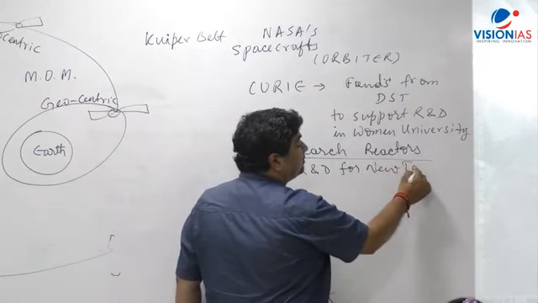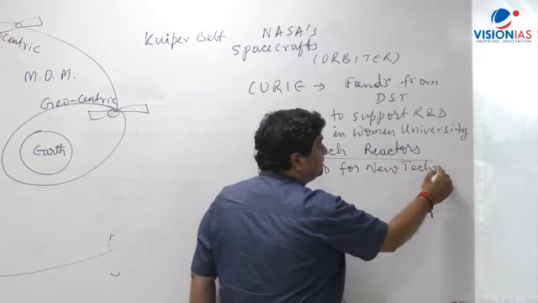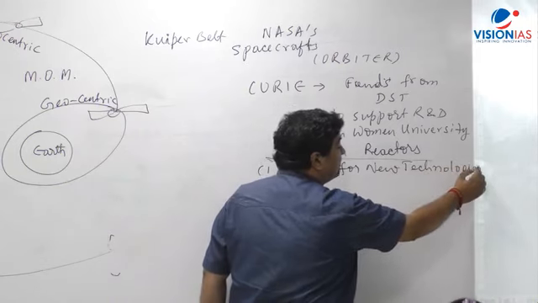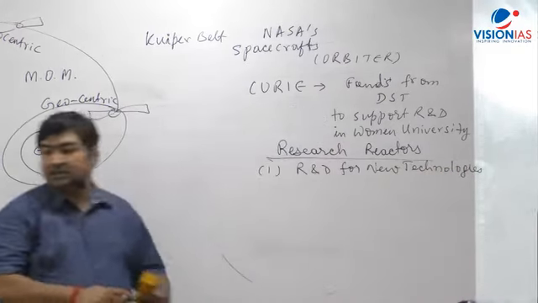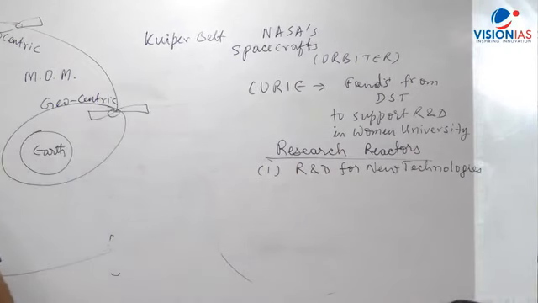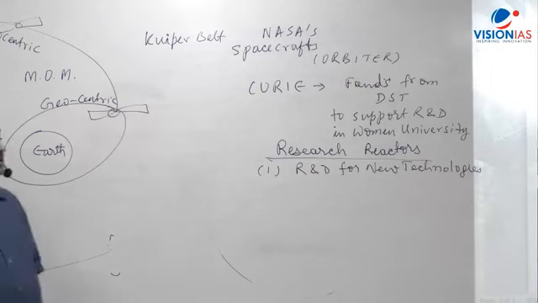Any new technologies we want to develop, it can act as a test bed. I'll zoom out and make it bigger so that you're able to see it. So, a test bed of any new technology.